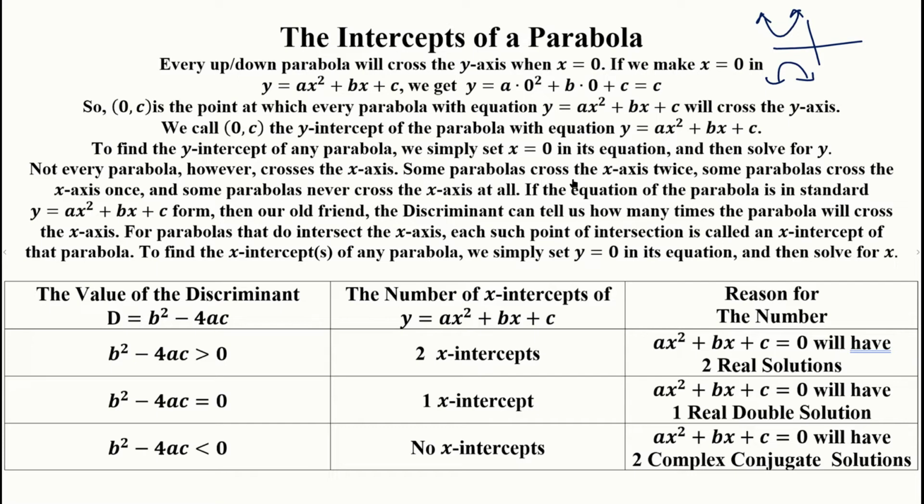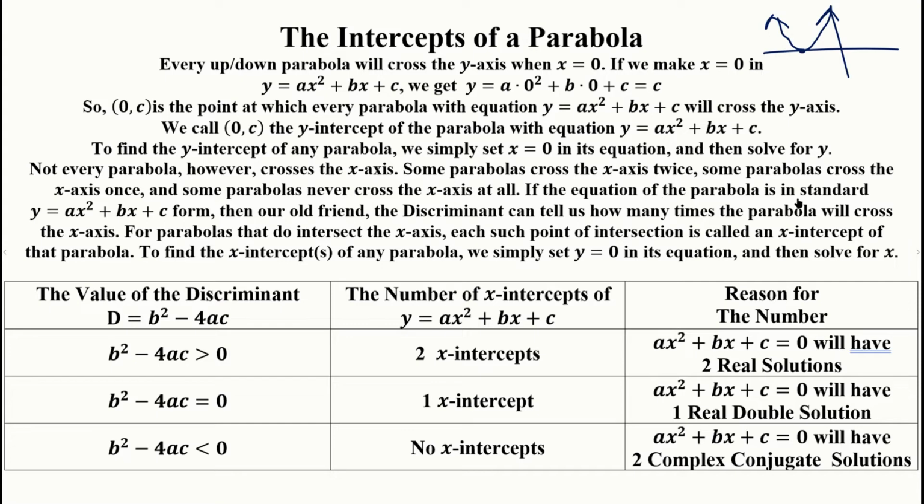Some parabolas cross the x-axis twice, like so. Some will cross it only once. Consider this one. What if the vertex is on the x-axis? Then it's only going to cross the x-axis once, so it's going to have one x-intercept. And some, of course, will not cross the x-axis at all.